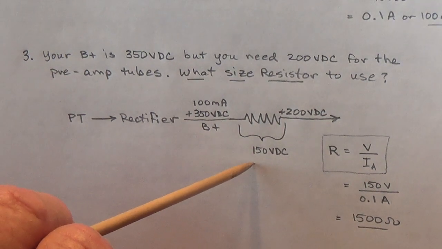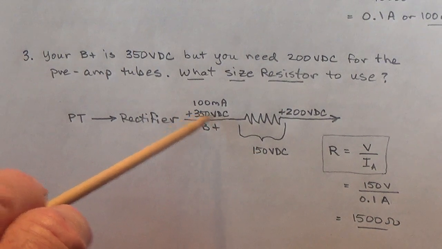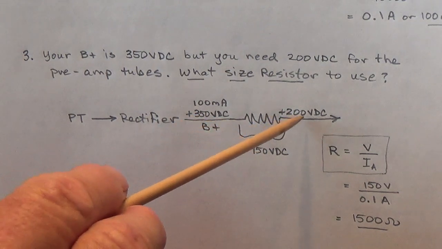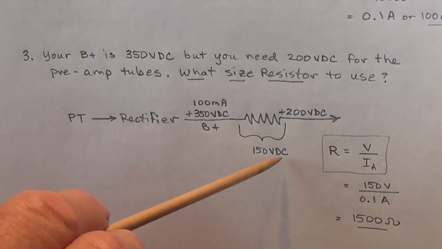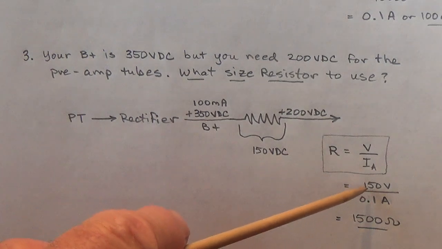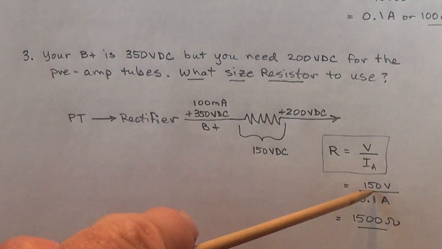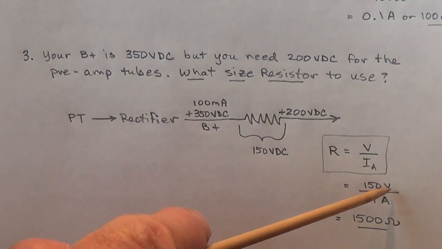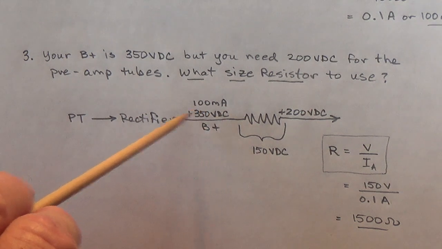In this case, I know that I want to go from 350 volts DC down to 200. What's the voltage drop? 150 volts DC. So I plug that in as the voltage drop here. V is voltage drop, so I put in 150 volts of DC. And secondly, what is my current flow from my rectifier?